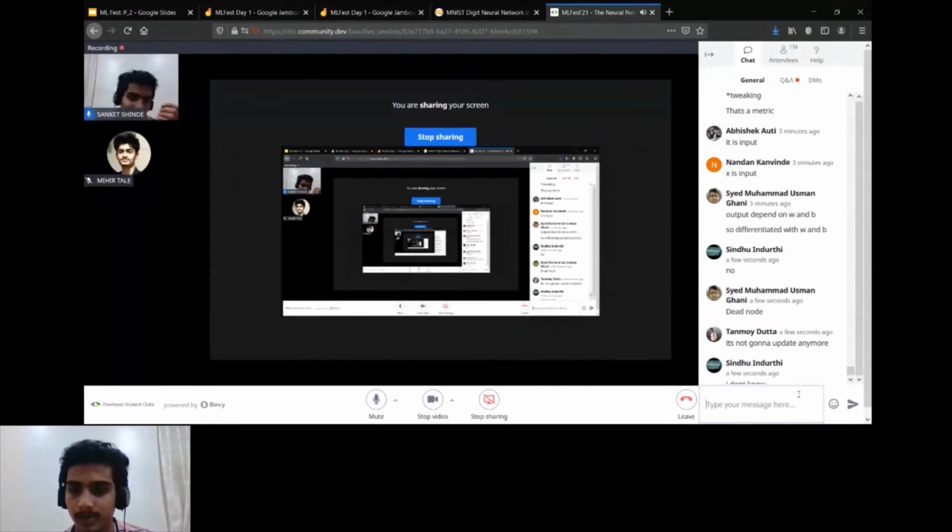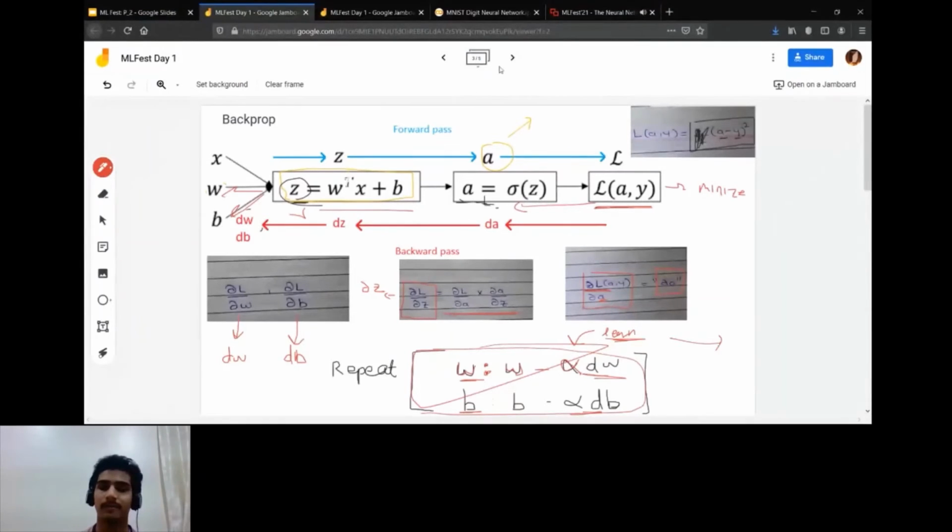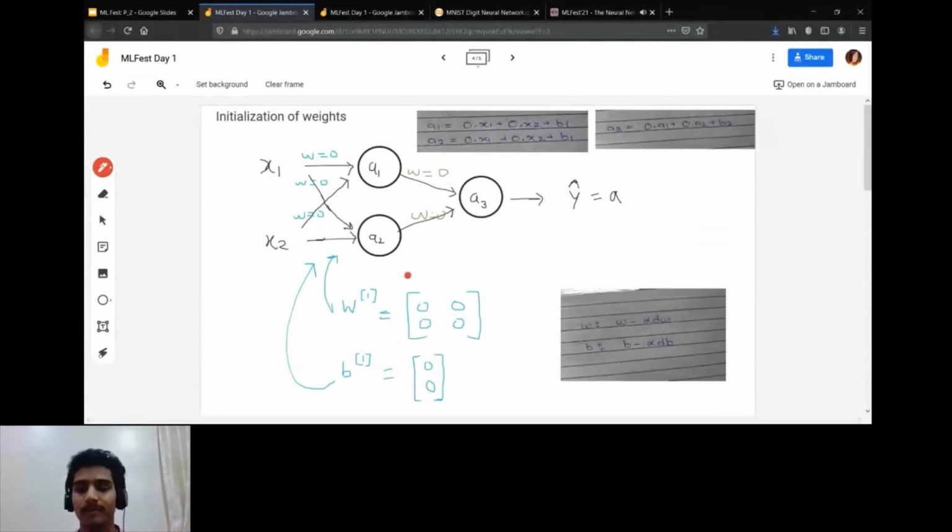Dead node, it's not going to update anymore. Yeah, you are near. Okay, you don't know, don't worry. As our great Andrew Ng said, don't worry if you don't know. We'll see why we did not just initialize the weights and biases to 0, and why we had to put some random value to it.